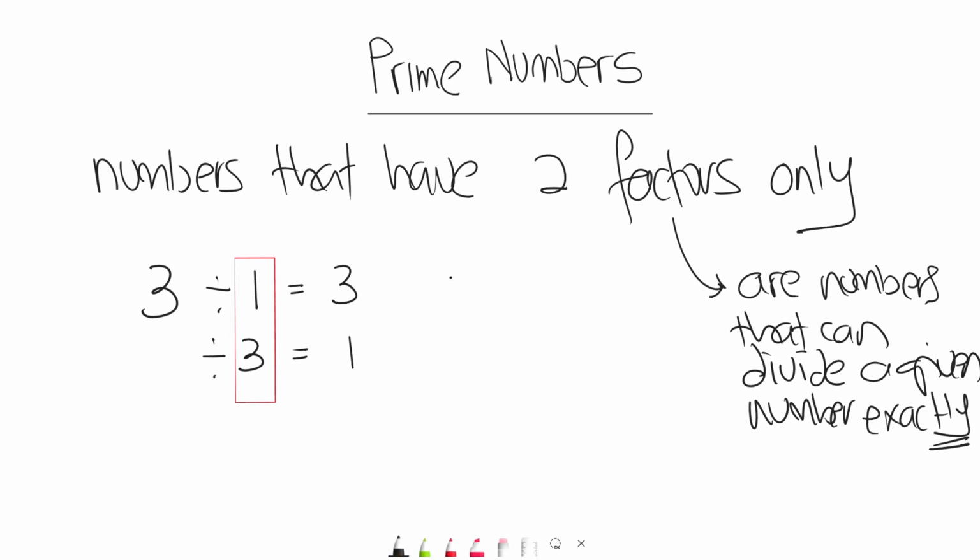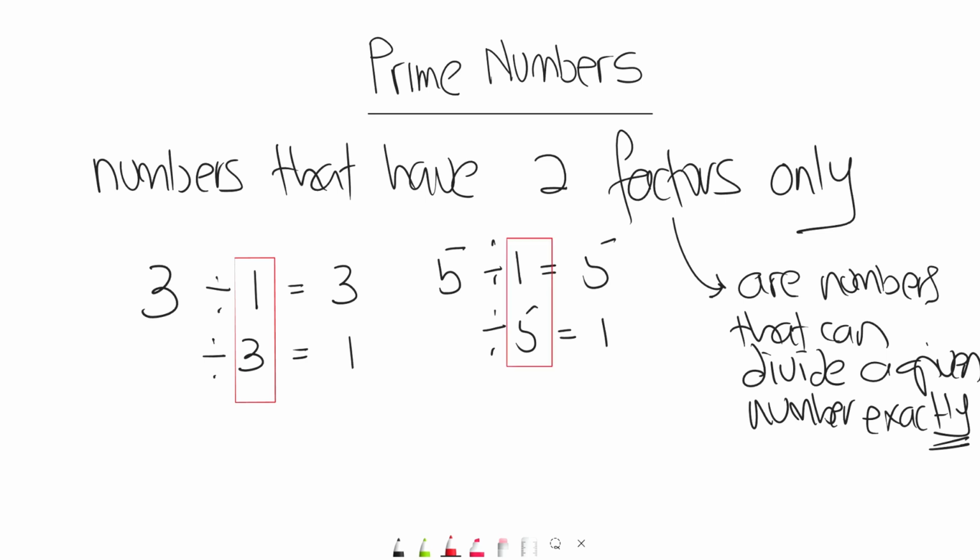Okay. Now let's test with another number. Let's do 5. So 5 divided by 1 would be 5. 5 divided by itself is 1. Is there any other numbers that I can divide 5 with? No, I can divide, but it would not be exact. So 1 and 5 are the factors for 5.